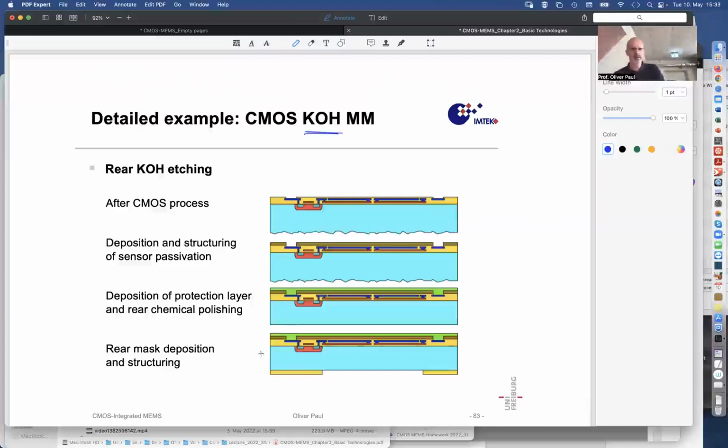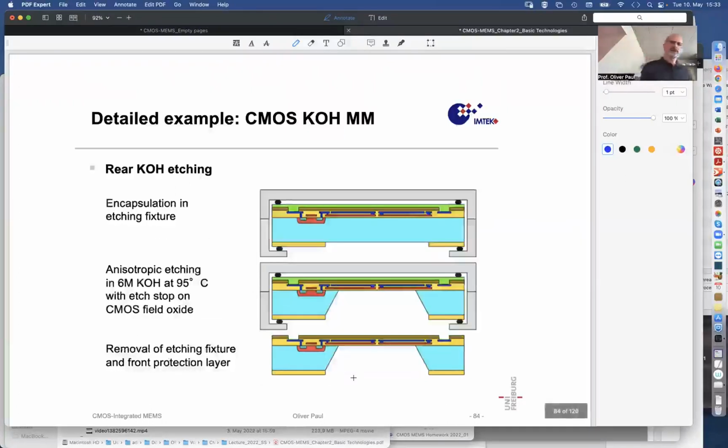Then at the same time, this backside is polished to become flatter so that a mask layer can adhere better. Some silicon nitride, for instance, which is then structured so that silicon is exposed.